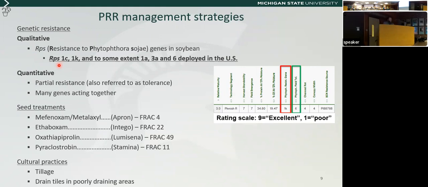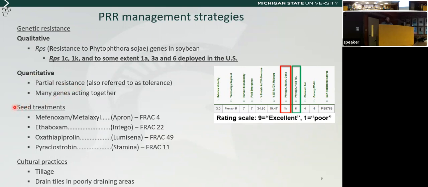We also have quantitative resistance, which you may have heard called partial resistance or tolerance. This is not a single dominant resistance gene conferring this. It is likely many QTLs and genes acting in consortia to build up a tolerance in the plant to the pathogen.